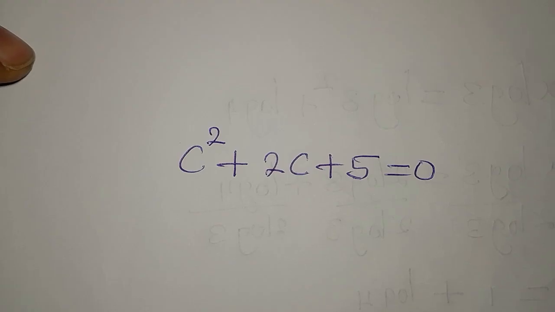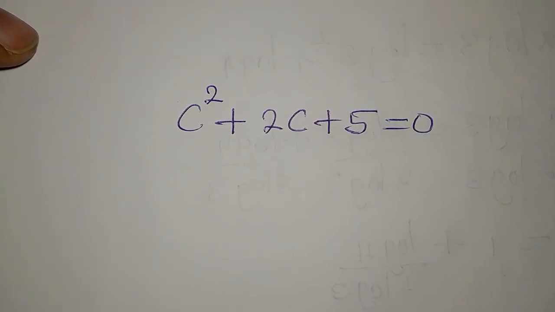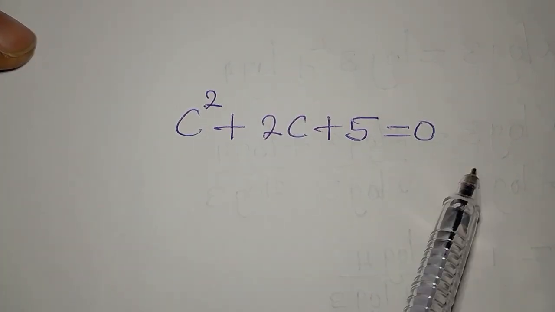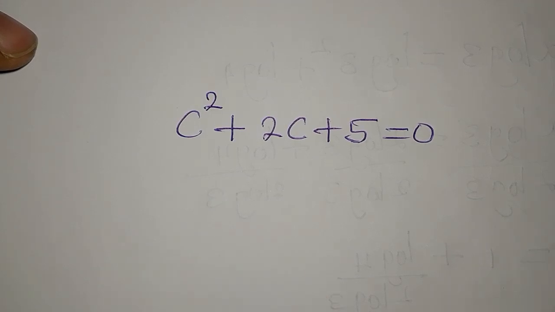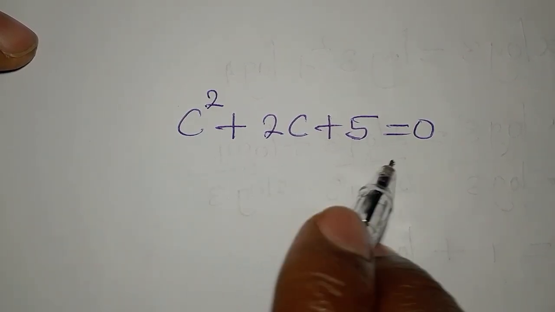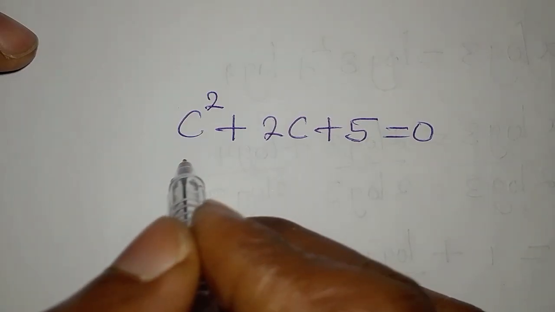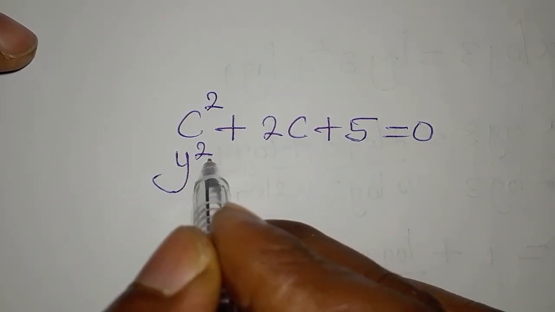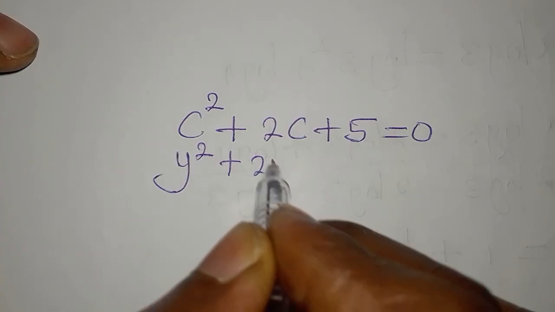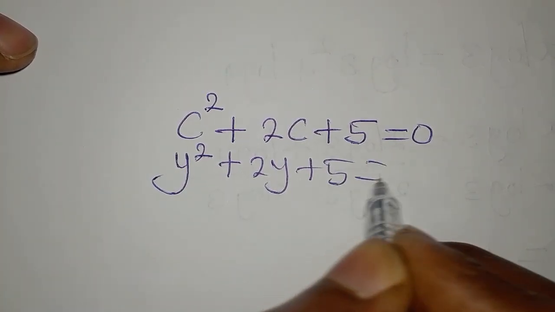Okay, so this is the equation, and according to this equation, we have our ABC. Oh, let me change this value here. I will use y, so let's have y squared plus 2y plus 5 equals 0.